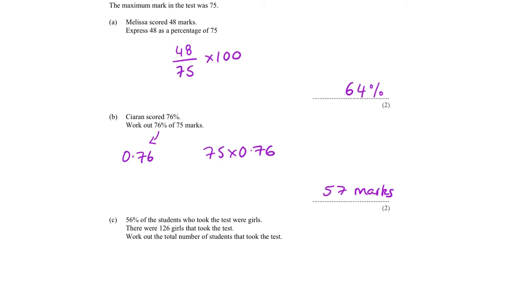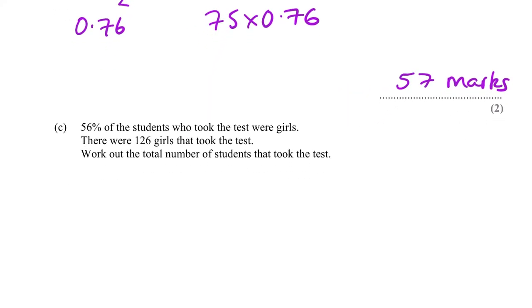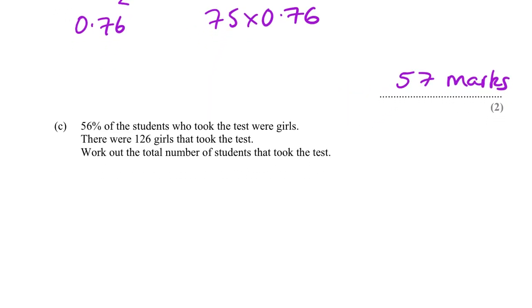Perfect. Okay, part C. 56% of the students who took the test were girls. There are 126 girls that took the test. Work out the total number of students that took the test. Okay, so this one's a bit more complicated, and I'm going to draw this to make it more realistic. So here we have 100%.